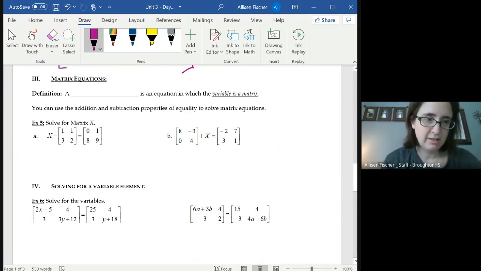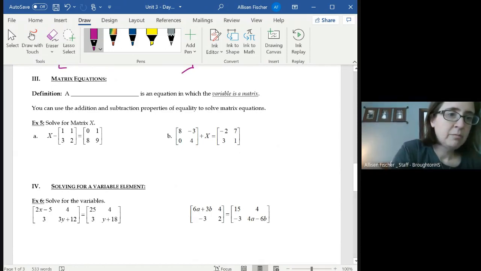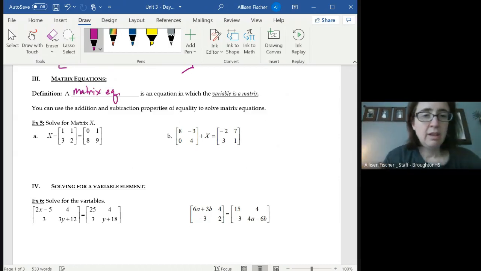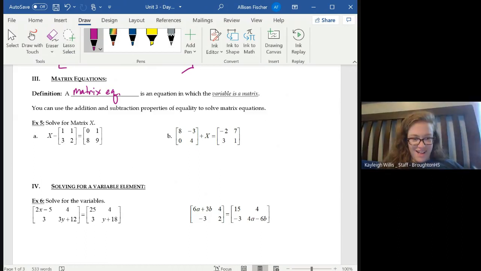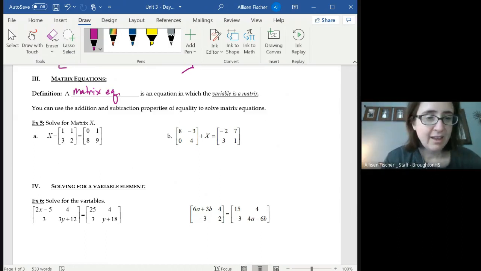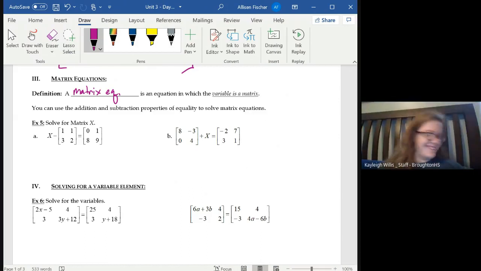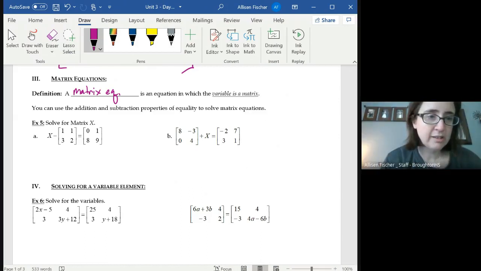Matrix equations. A matrix equation, by definition, is an equation in which the variable is a whole entire matrix. You can have a whole unknown matrix.